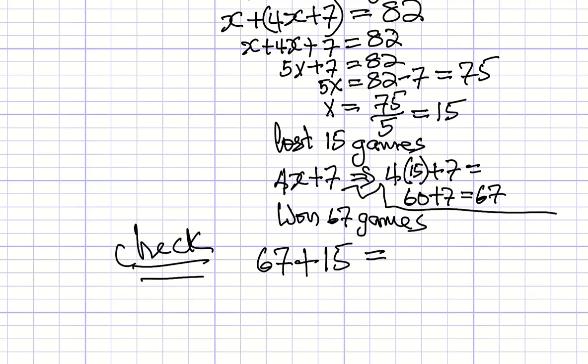How many? That's how many total, because they lost 15 and they won 67. That would be 82. It will add up to 82, so it's checked. So we'll move on to the next one.